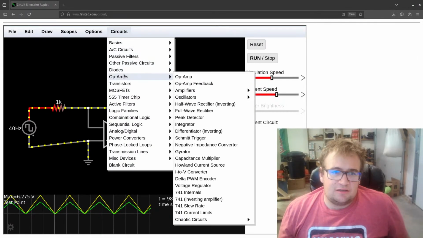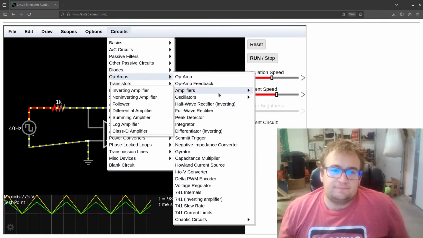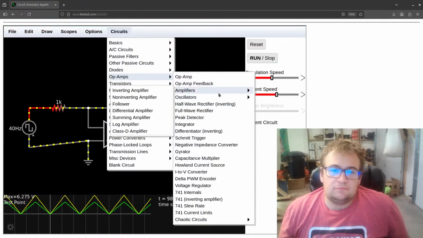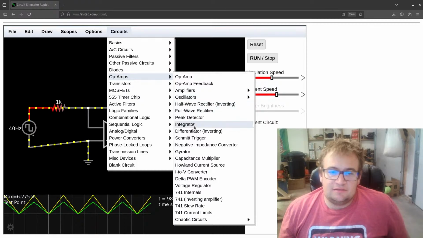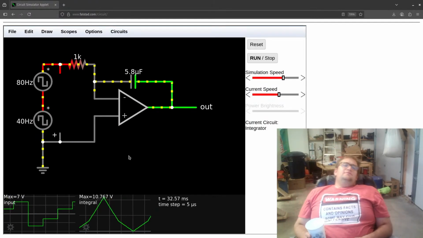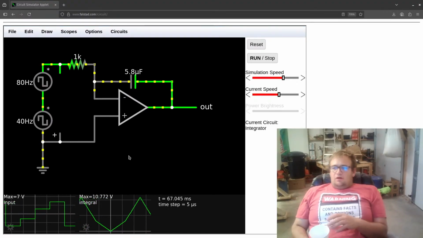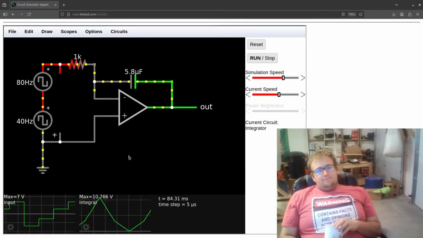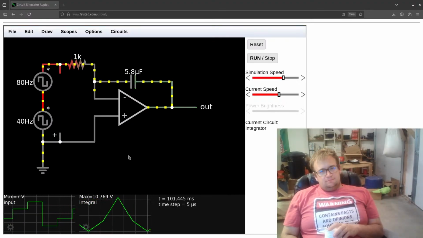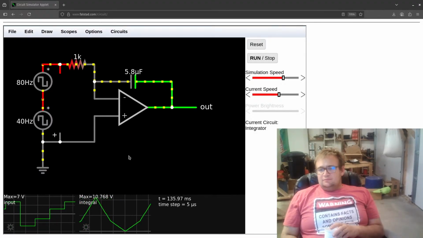Let's see, we've got circuits, op amps. Let's find the integrator. So this is what it puts up for the integrator, which is an even more complicated circuit. But it does follow the same ideas.